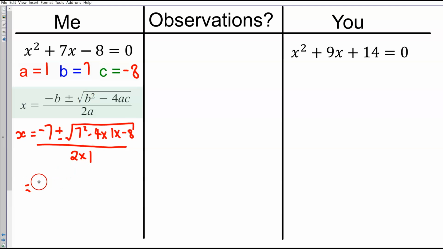Now I'm going to start to work stuff out. Now be careful here, because you're getting a double negative. Okay, so this is going to be positive. It's a classic error.